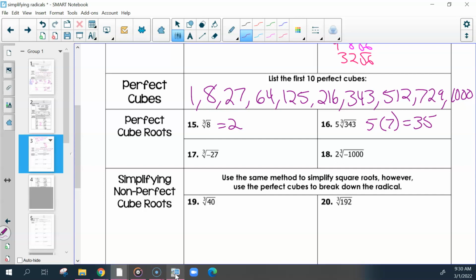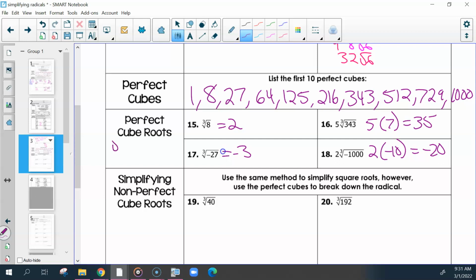So we have the cube root of -27 is -3. The cube root of -1,000 would be -10. Great. I also want to adjust that just a little bit. Think about this like the cube root of 27 and the cube root of -1.